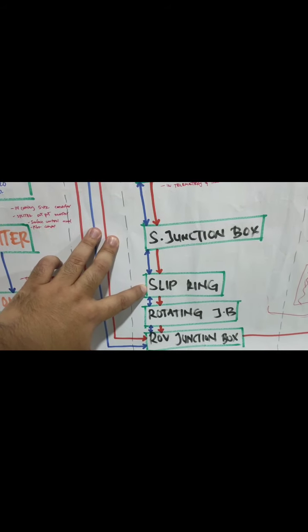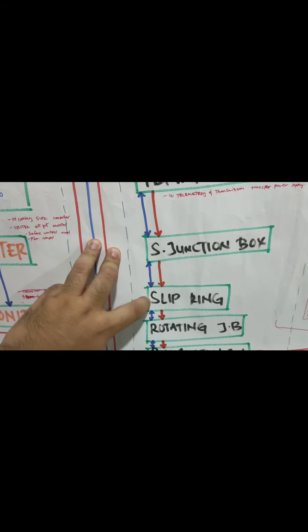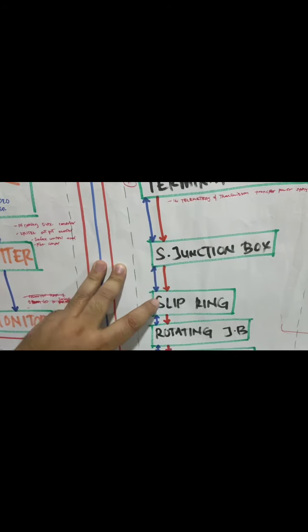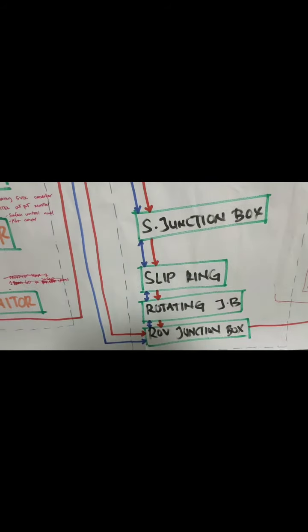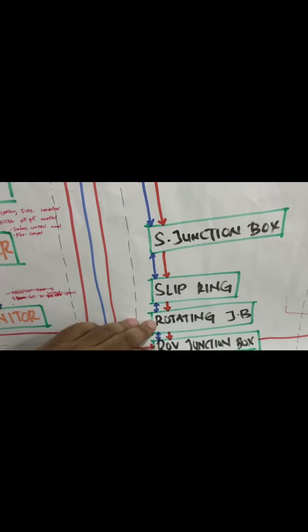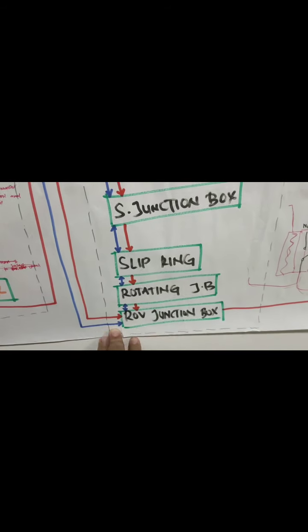The slip ring receives the input and data from the static junction box and outputs to the rotating JB, and the same goes for the rotating JB and the ROV junction box.